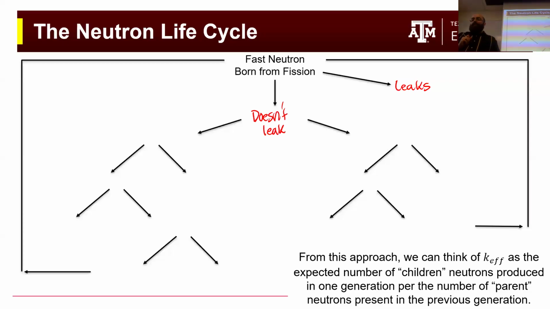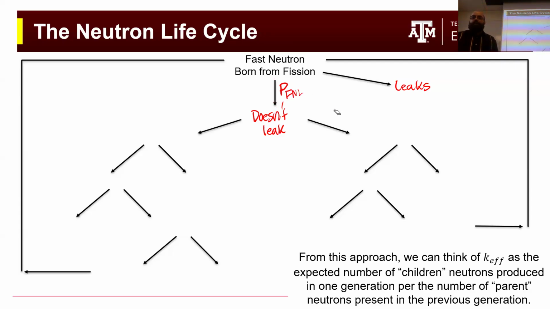What's the probability that we don't leak while we're fast? P sub FNL, right? So that's what this line corresponds to. This line is a probability that corresponds to P sub FNL.